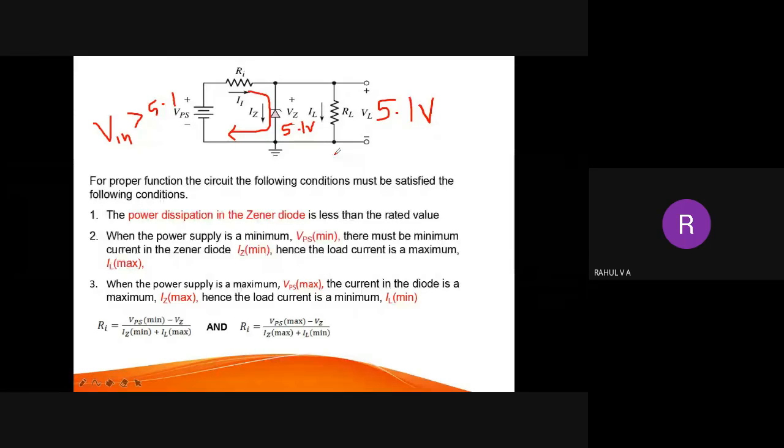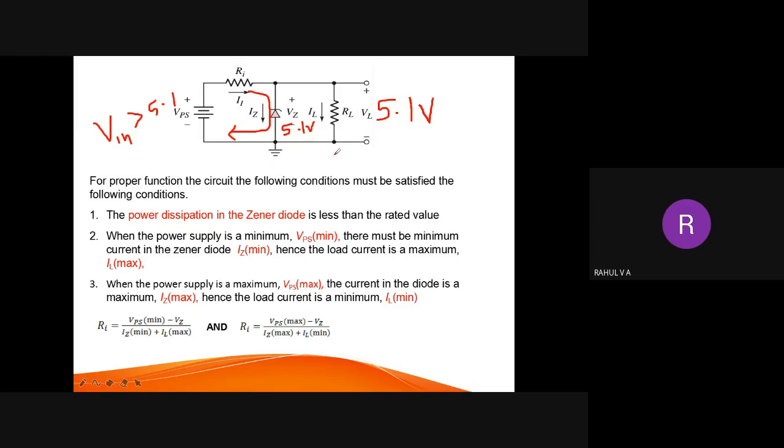If someone asks you the question, explain the Zener diode as a voltage regulator circuit, you can start like this. Zener diode is used as a voltage regulator. The difference between a normal diode and a Zener diode is that in the forward biased condition, a Zener diode acts as a normal diode, but in the reverse bias condition, it conducts in the breakdown region.